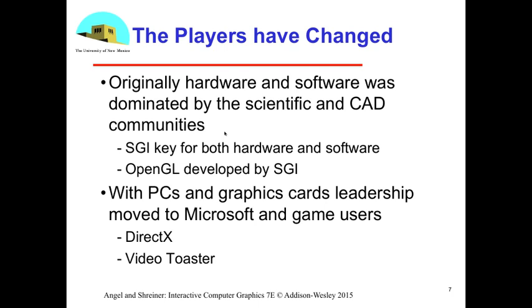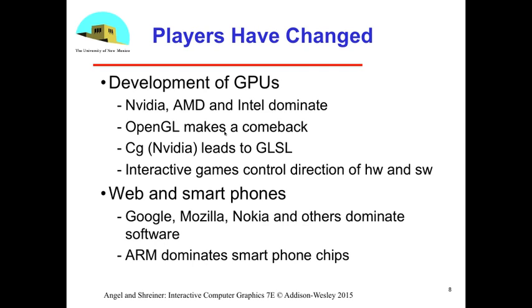But then as GPUs became more important, the players really changed. If you look at the standards committees, you used to see companies like Intel and SGI and some other graphics companies, many of which don't exist anymore, dominating the committees and deciding what went into OpenGL.